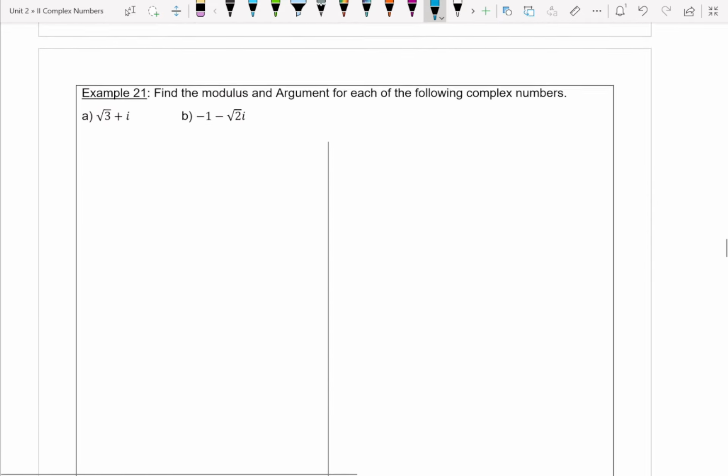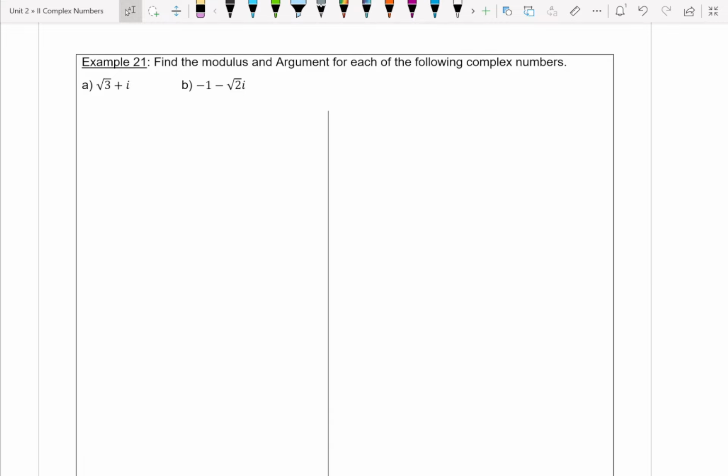Alright, example 21. Find the modulus and argument for each of the following complex numbers. So for A, the modulus of root 3 plus i is going to be the square root of root 3 squared, which is 3, plus 1 squared, so that's going to give us 2.